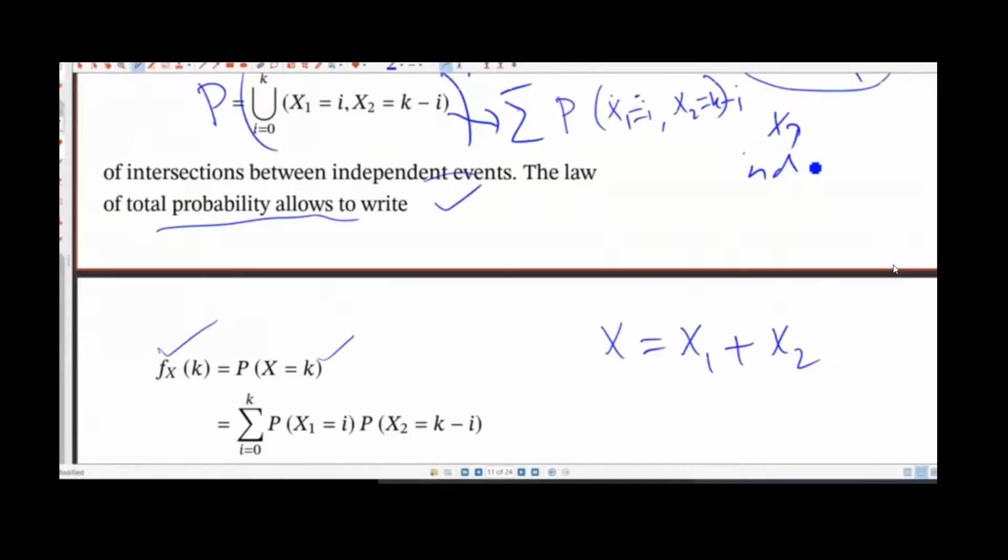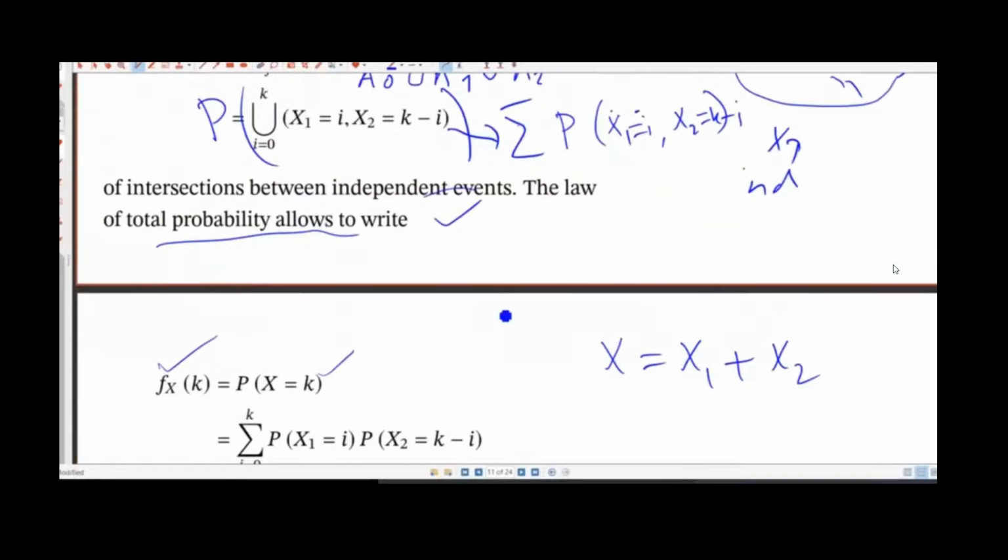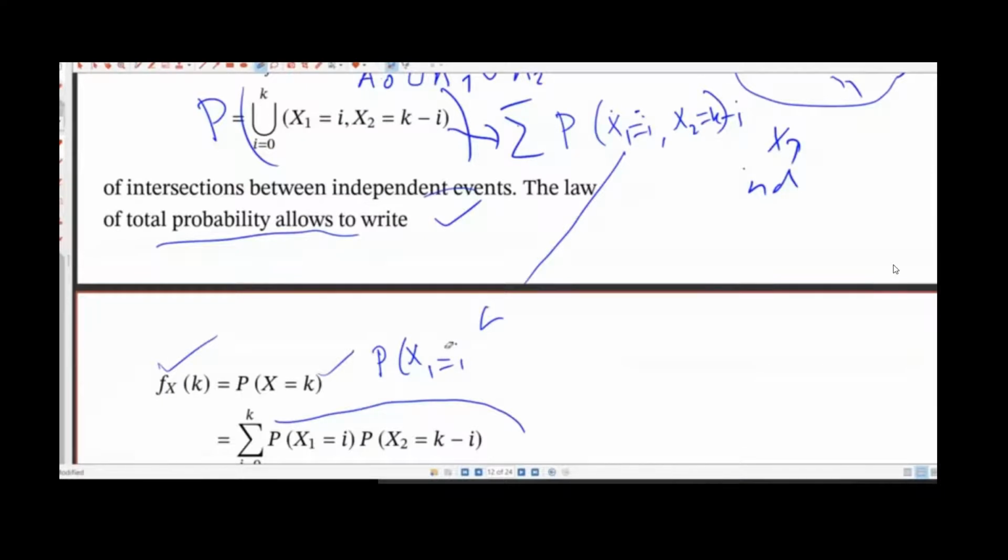अच्छा, अब यहां पे आपको एक और चीज इंटरेस्टिंग नजर आ जाएगी. ये जो probability है, let me just write this down. ये क्या है जिनको मैं ऐड कर रहा हूं? फॉर एग्जांपल ये तो मैंने बाद में लिखा है ना. ये ओरिजिनली क्या था? P of x1 equals I, comma x2 equals k minus I. और कॉमा से हमारा मतलब क्या होता है?